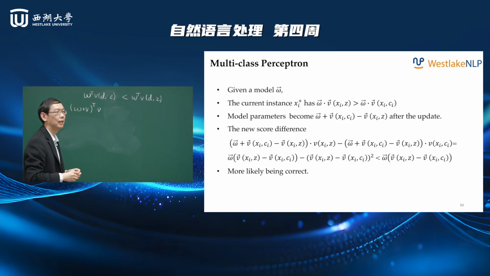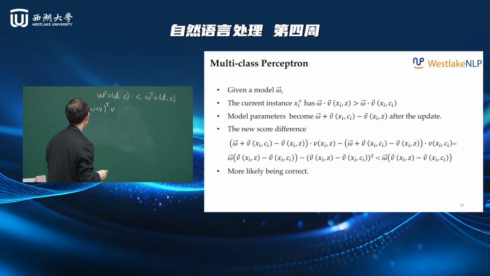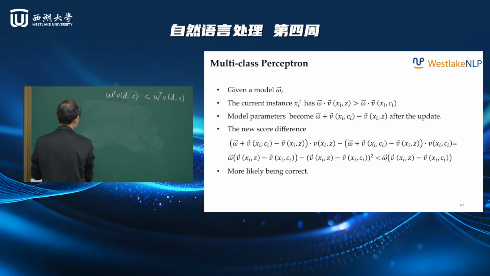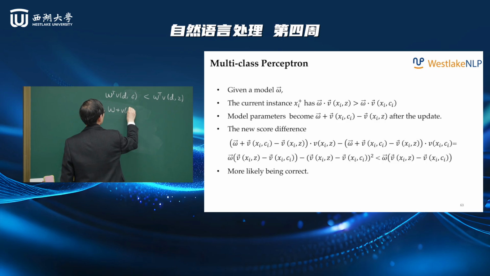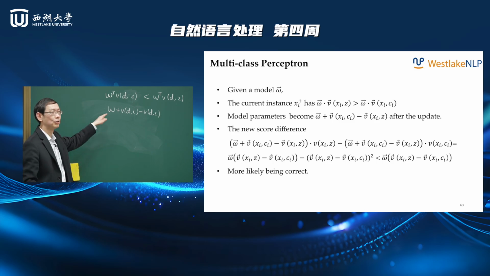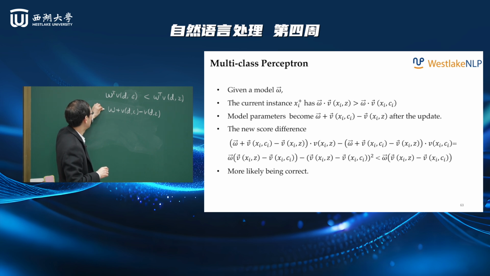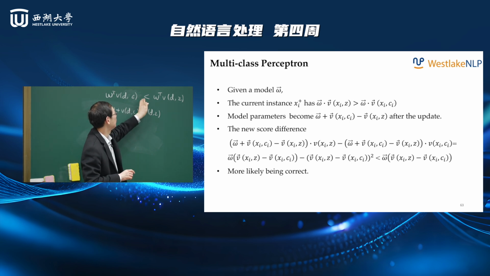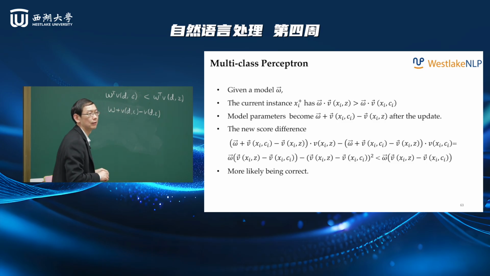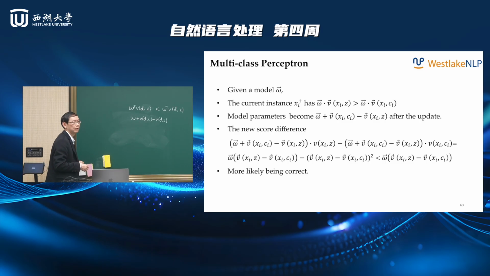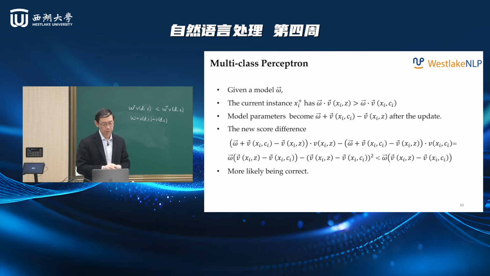Z is your model output, so that's why you selected your model output. Now you update your model, and the new omega becomes omega plus V(D, C) minus V(D, Z). So you can prove that by using the new omega, the score difference will be smaller. This has a higher chance than that one. That's what's shown in the slide, and you can prove it yourself. But why does it work globally? We will see that next week.